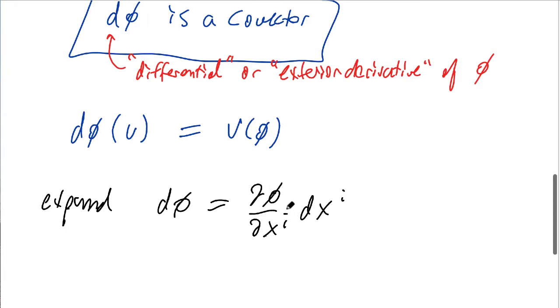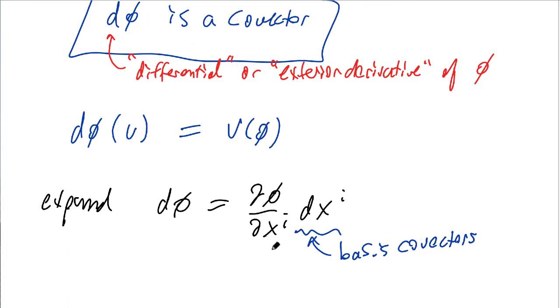And remember, I'm using the Einstein summation convention. So this repeated index i means I'm summing over i. Now we can view these coordinates x^i as functions on the space or space-time. So this is the exterior derivative of those functions. So these quantities are referred to as the basis covectors. They're the exterior derivative of these functions x^i. And then the coefficients are the components of this covector in this basis.